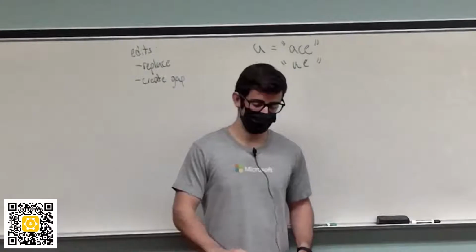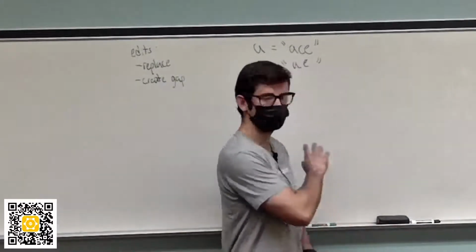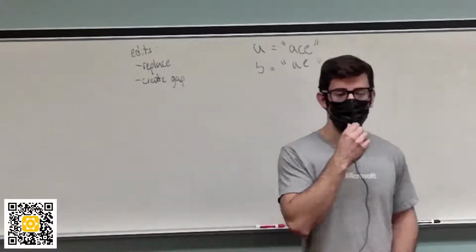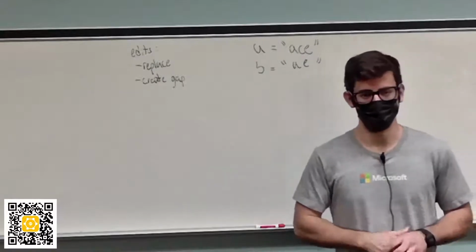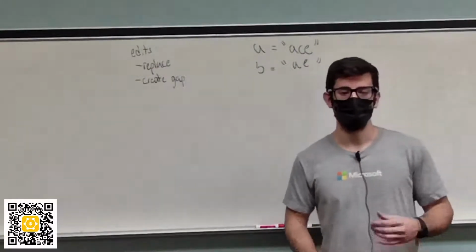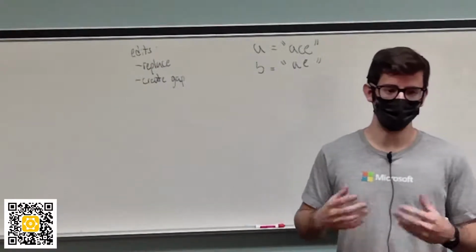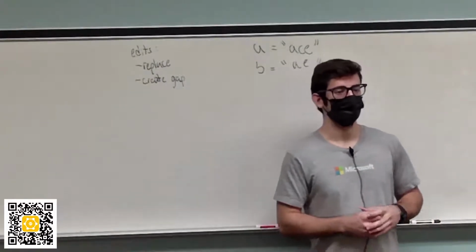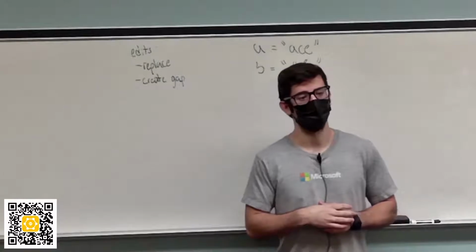The question is, we already proved that we cannot use greedy, right? And we know that our algorithmic technique will be dynamic programming. What's the first thing we want to think about when designing our dynamic programming algorithm?